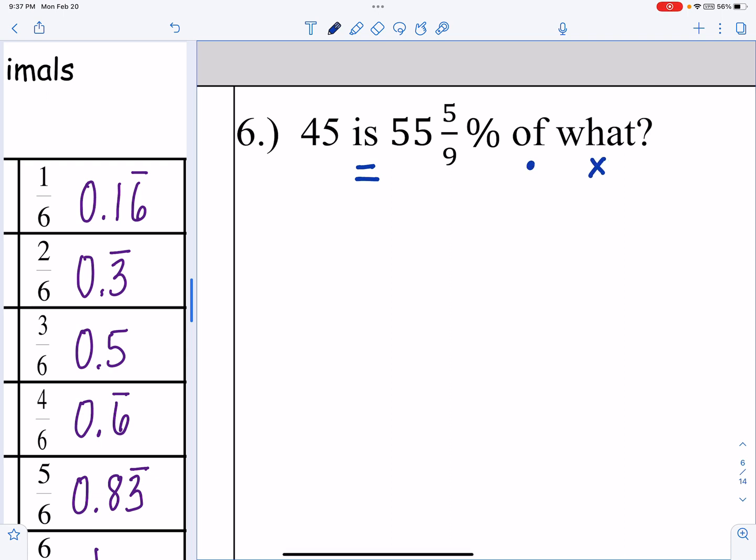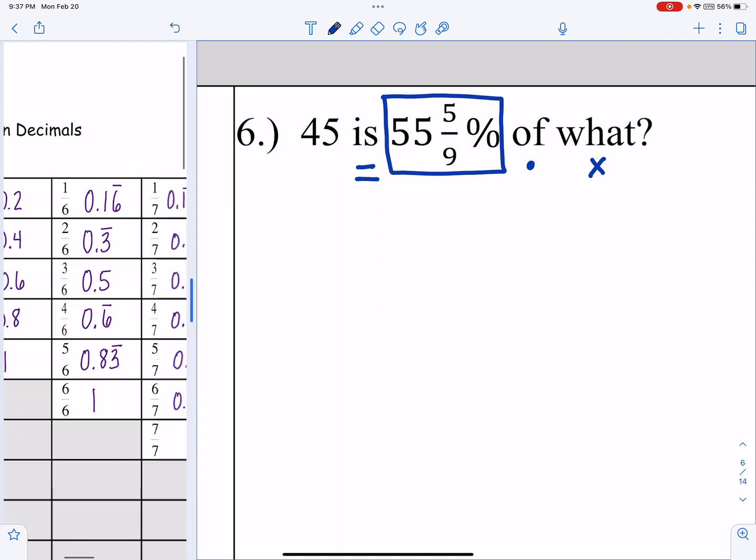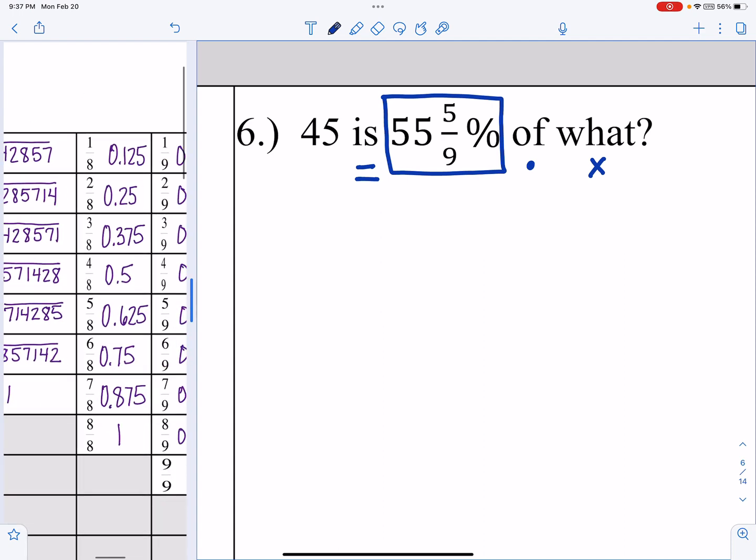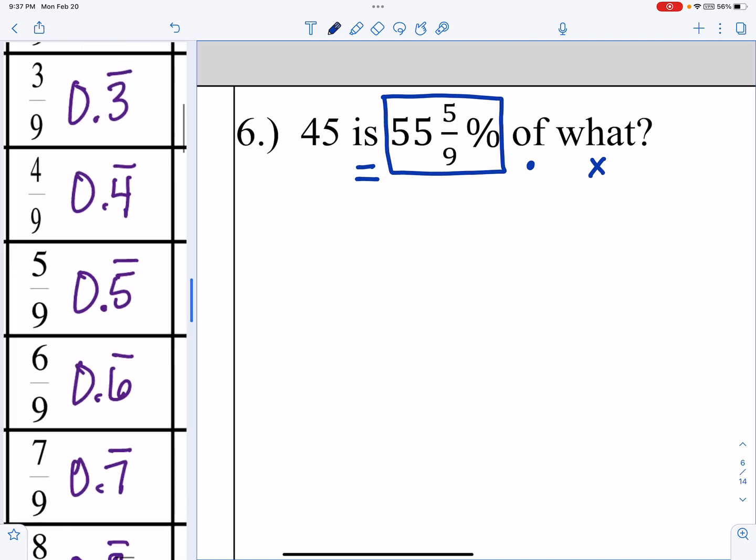We need to change this percent to a decimal. And so we have to know what 5/9 is. We've worked with this in another notes page, but let's go ahead and look at 5/9. 5/9 is 0.5 repeating. So right now we have 55.5 repeating. This is still a percent.